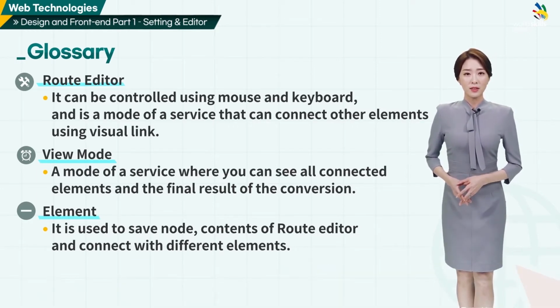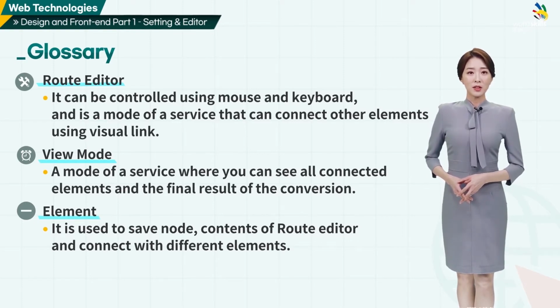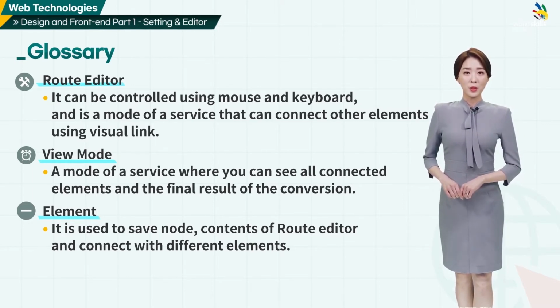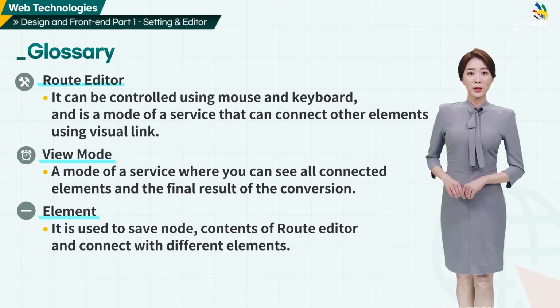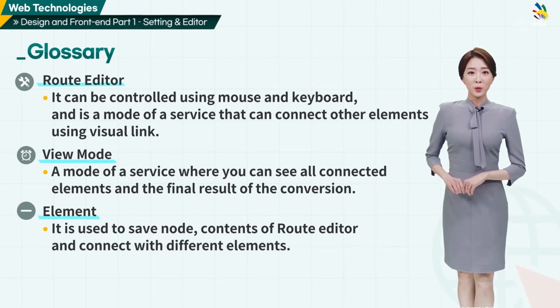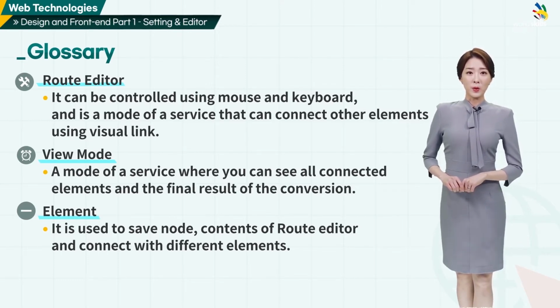Let us learn several terms that you must know to deal with this task. First, Route Editor refers to a mode of a service that can be controlled using mouse and keyboard, and can connect other elements using visual link. Second, View Mode is a mode of a service where you can see all connected elements and the final result of the conversion. Third, Element is used to save node, contents of Route Editor, and connect with different elements.